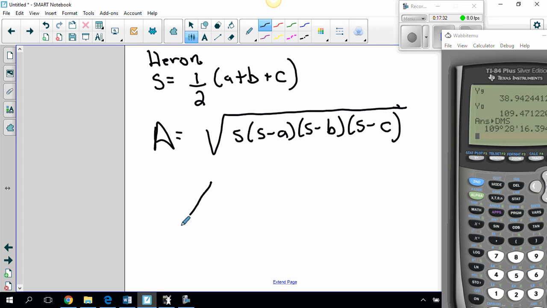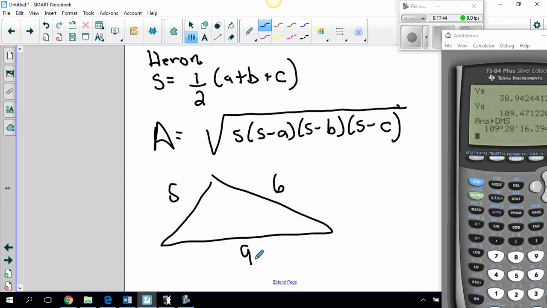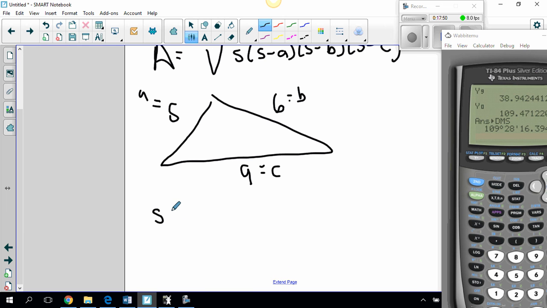So like on that last problem, 5, 6, 9, A, B, C. Let's let S be 1/2 of 5 plus 6 plus 9, which is 20, therefore S is 10.